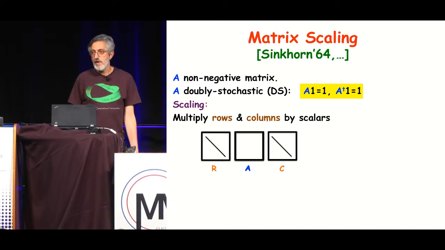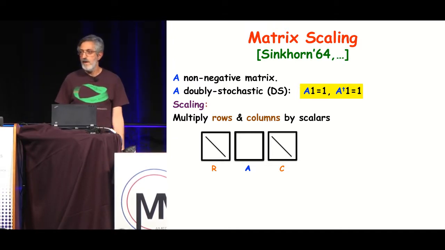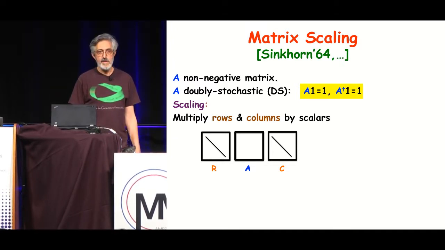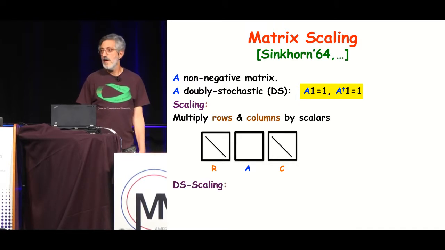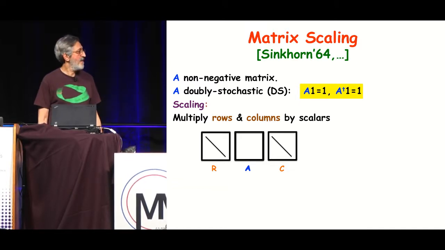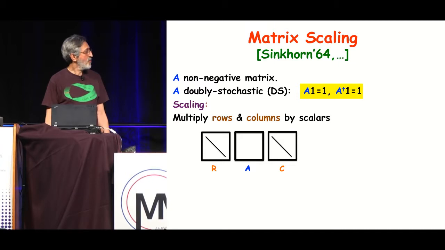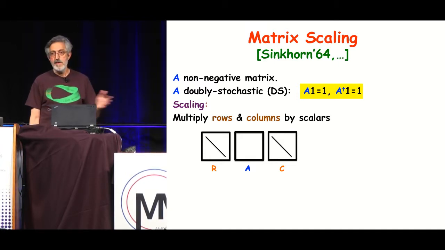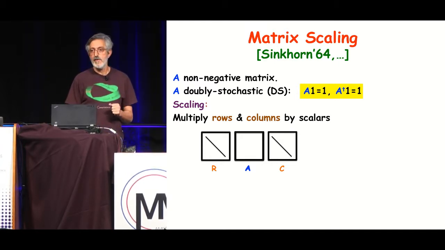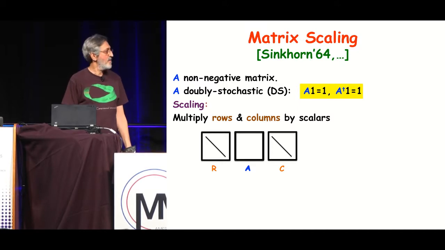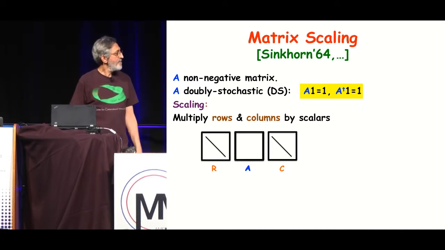What does doubly stochastic mean? It means that the row sums are 1 and the column sums are 1. That's what you want to do. What are you allowed to do in order to make it doubly stochastic? You are allowed to scale. Scale means multiply the rows by constants and multiply the columns by constants, by scalars.